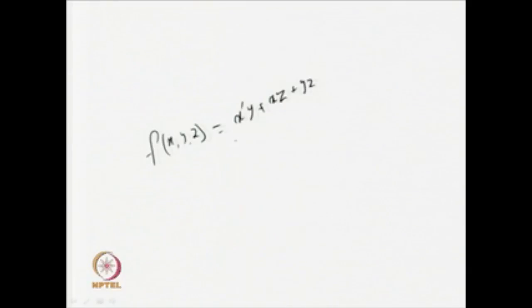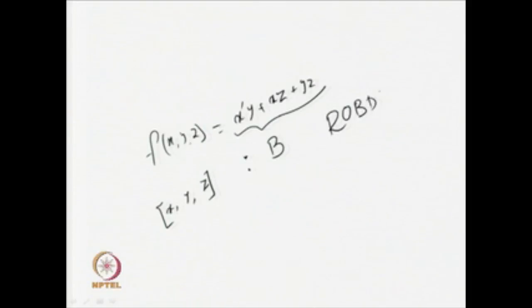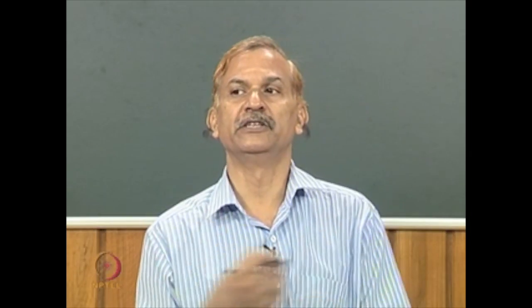If we have such a function, then I can choose some variable ordering, say x, y, z, and I can represent this particular function with the help of a BDD B. And if we apply the reduction rule or the reduction algorithm to this B, we get an ROBDD. So, once we get this ROBDD, it is basically representing this particular Boolean function with the help of ROBDDs.